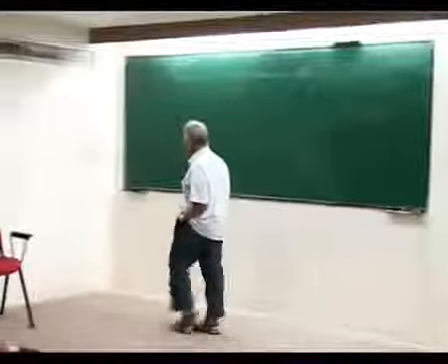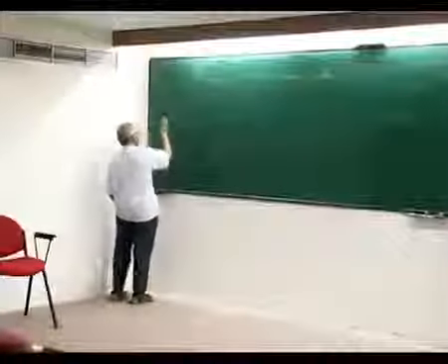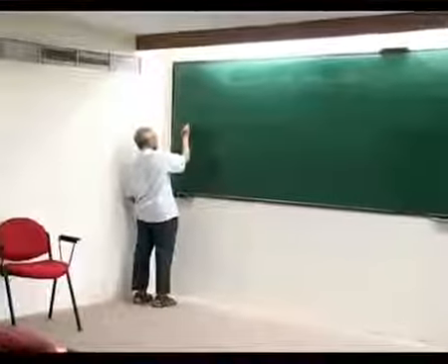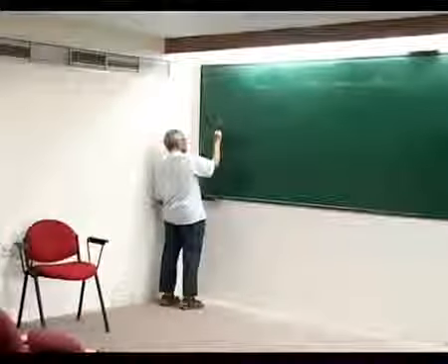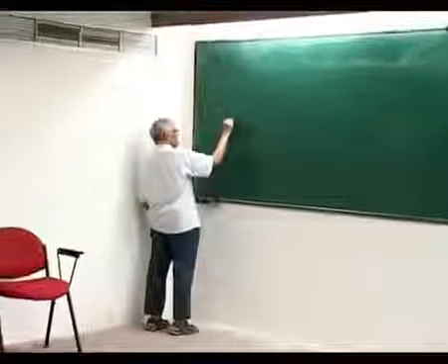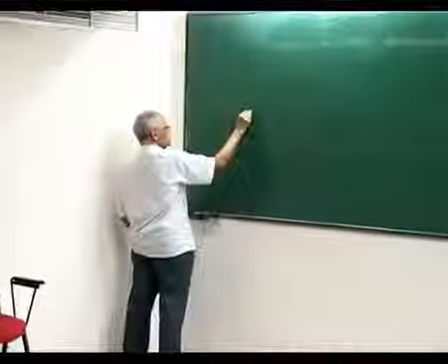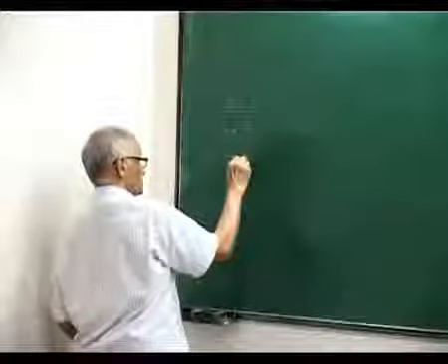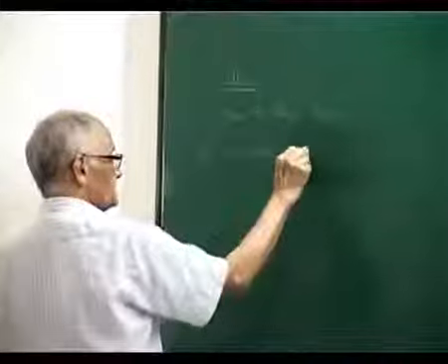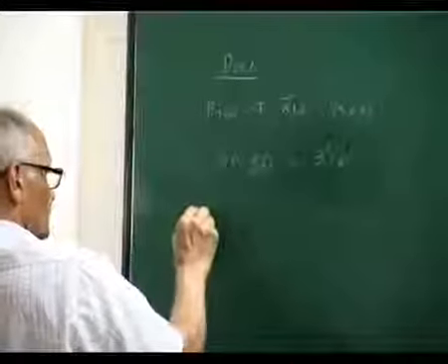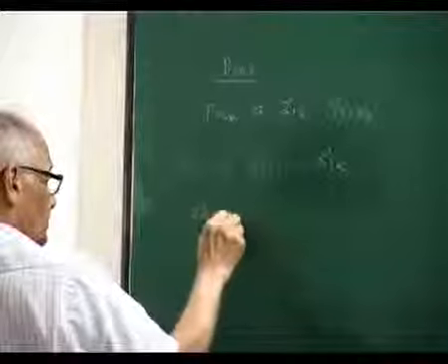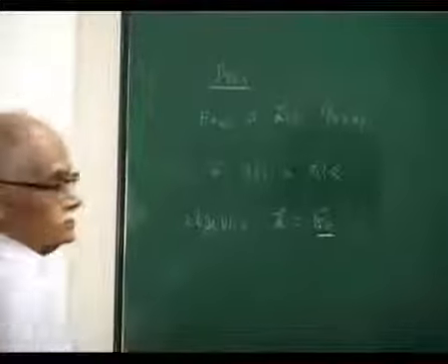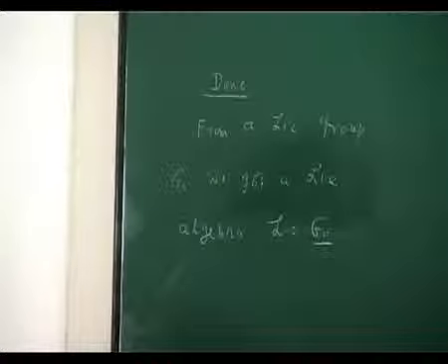So what I have done is, from a Lie group G0, we got a Lie algebra L, but normally it is written as G0 with a symbol underneath.